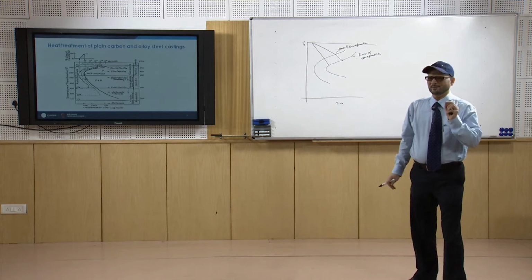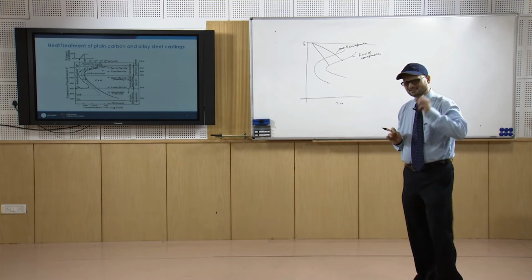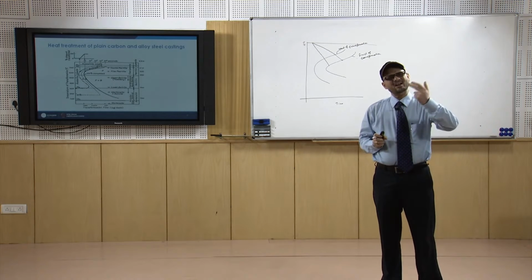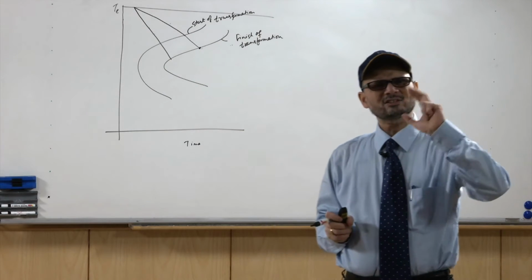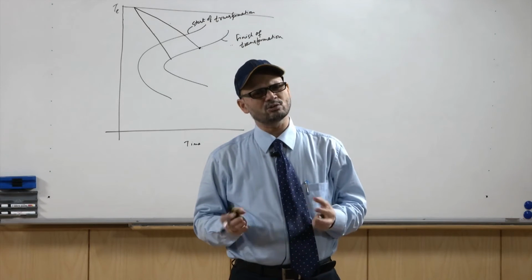This is the time-temperature transformation curve, which tells how the transformation proceeds with time and temperature, because the transformation product is a function of the nucleation rate and growth rate.